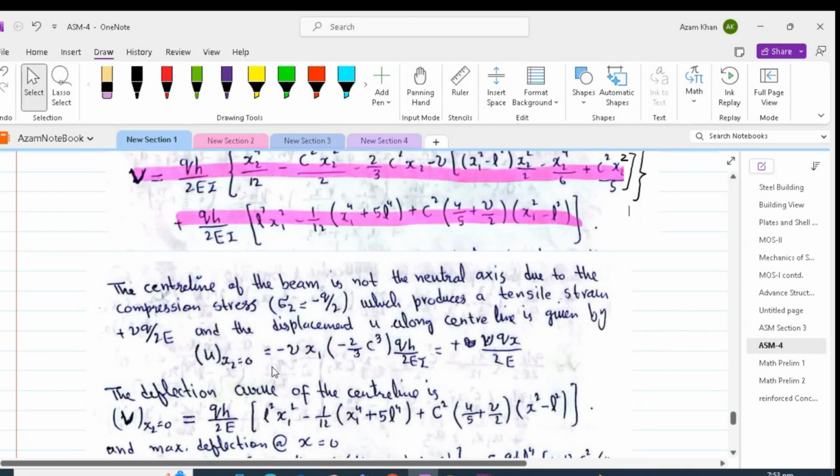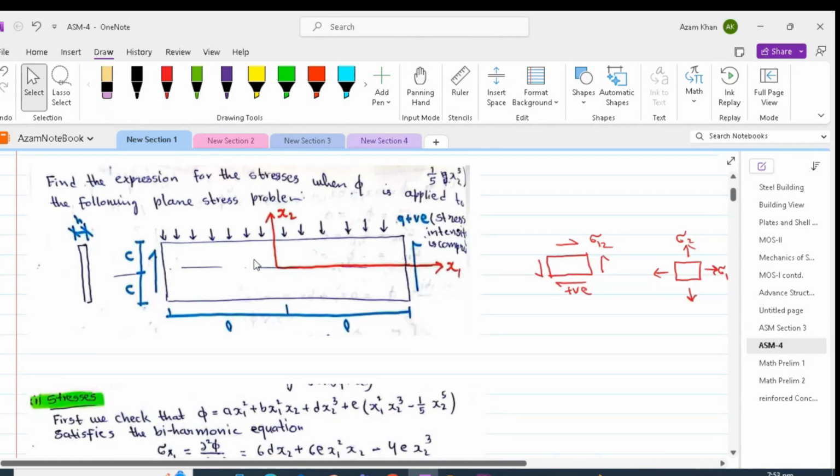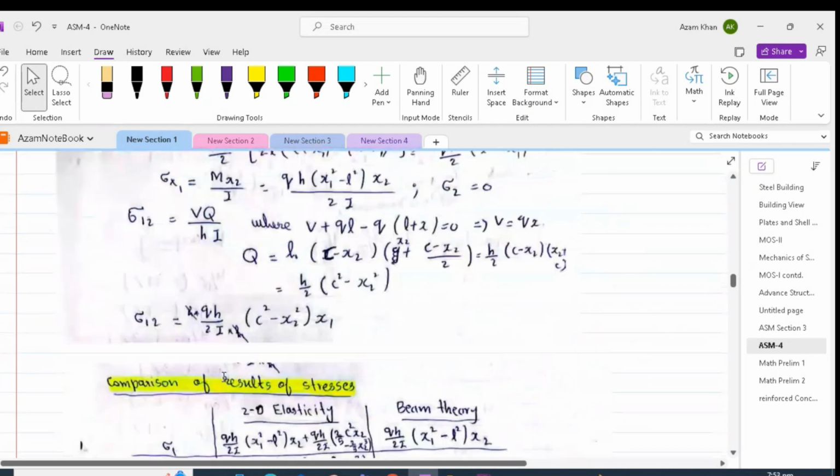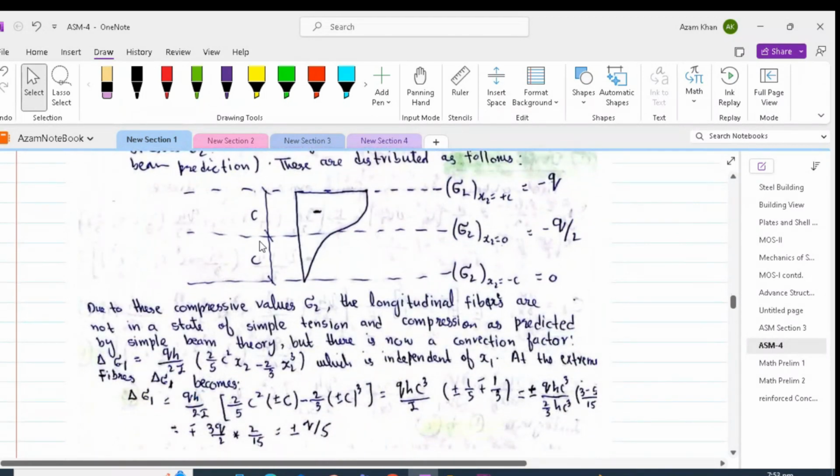It is important to notice that the central line of the beam, which is shown in this figure, is not the neutral axis, remembering that the neutral axis will always have stresses equal to 0. And the reason that this is not the neutral axis is that there is a compression stress, as we saw over here.